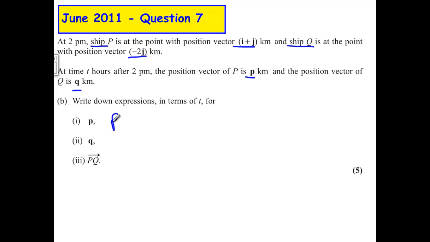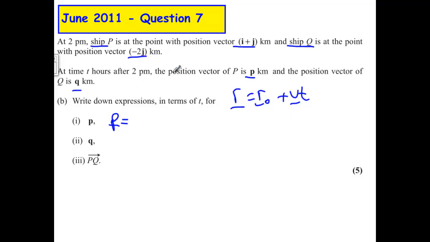Now this p is the general position vector of P, dependent on time. And the way we're going to write this out is using a well-known formula, or hopefully a well-known formula in Mechanics 1 vectors, which is r equals r0 plus vt. What that means is the general position vector dependent on time at any given time for a point is equal to its initial position vector plus its velocity vector times time.